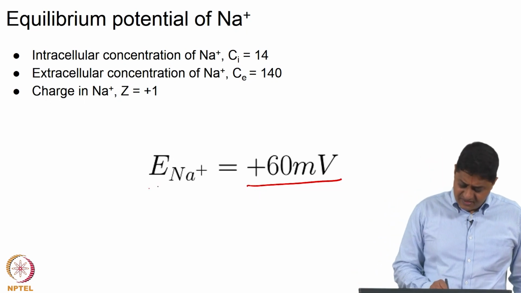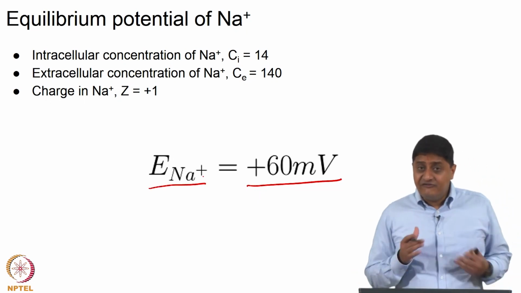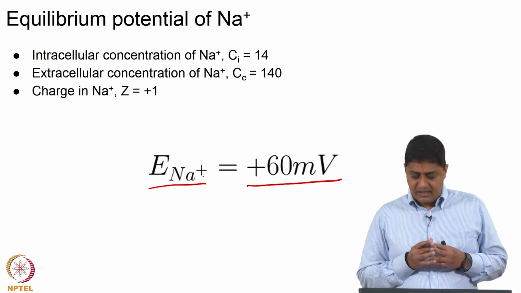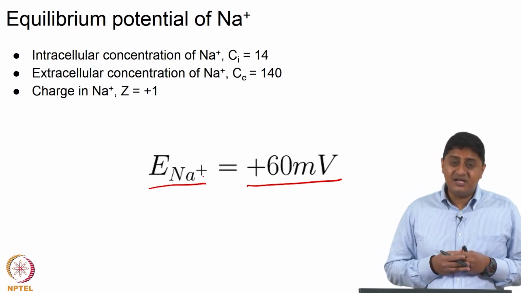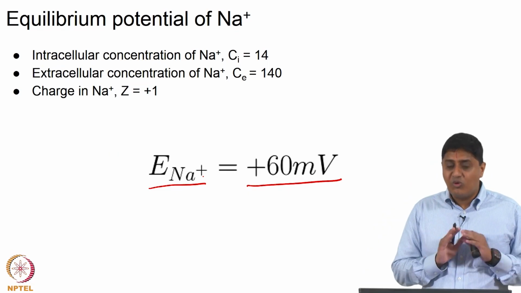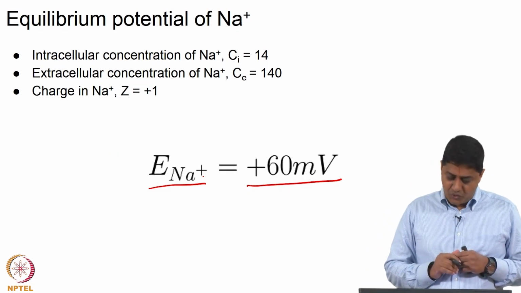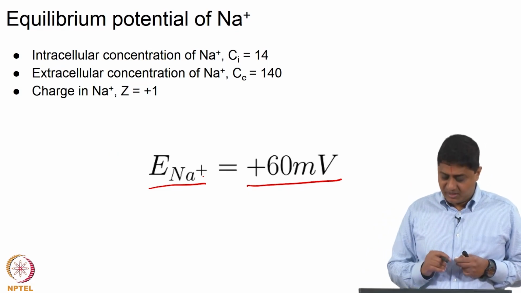So, what this means is if the membrane potential were at plus 60 millivolts, then there will be no more movement of sodium across the biological membrane.